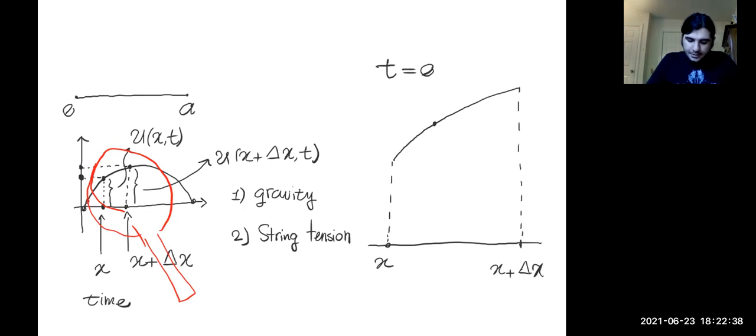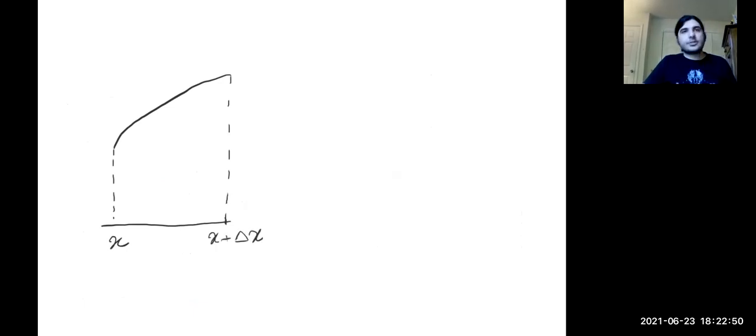Okay, so let's focus on this graph we have here. It was like this. We had some point x, and we have some point x plus delta x. Let's show the tension in the string at the point x at time t with T of x and t.